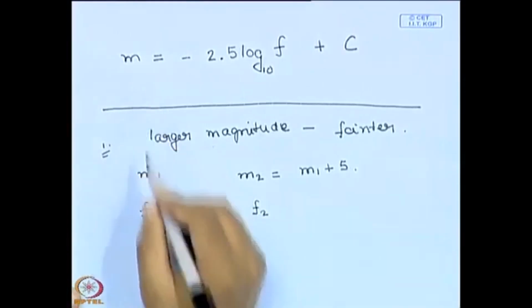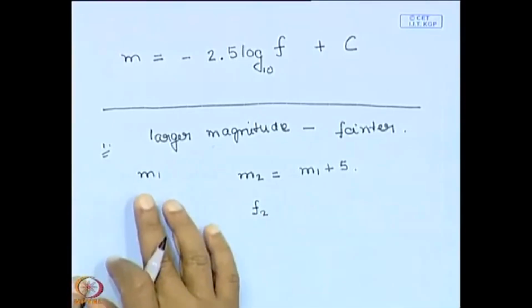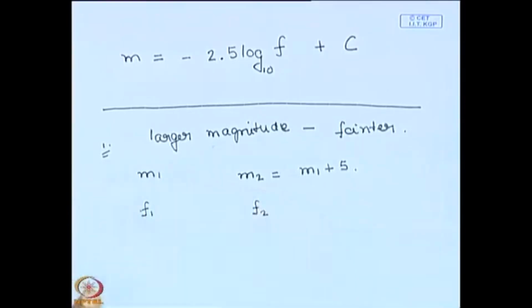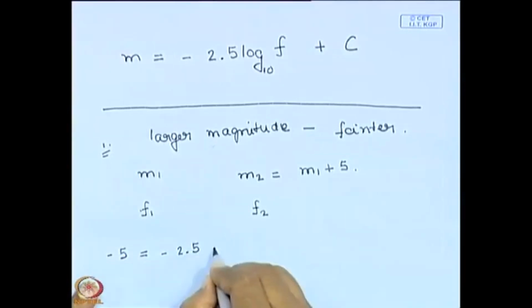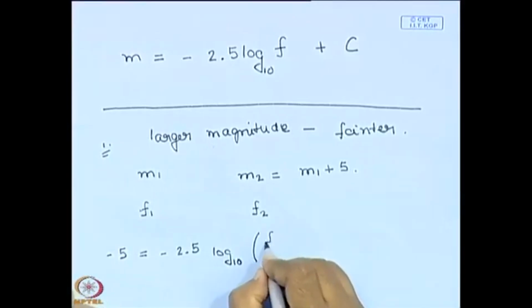So we can just subtract, M1 minus M2. If you consider M1 minus M2, what you have is minus 5 is equal to minus 2.5 log base 10 of the ratio of the 2 fluxes, F1 by F2.